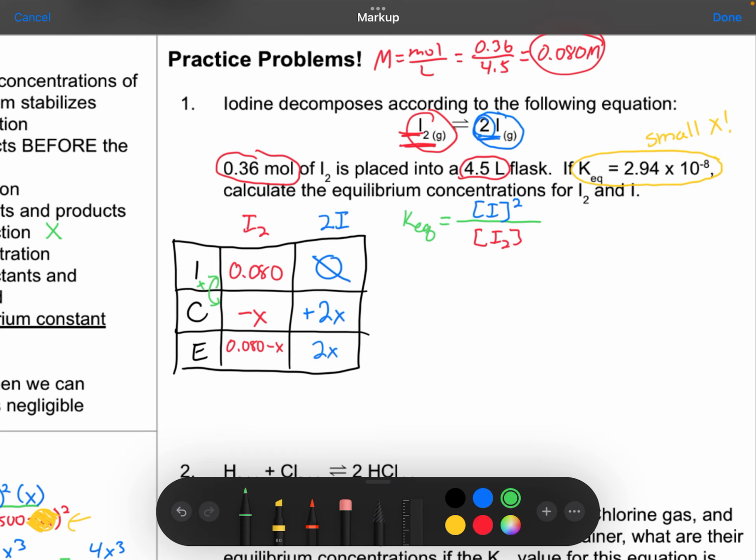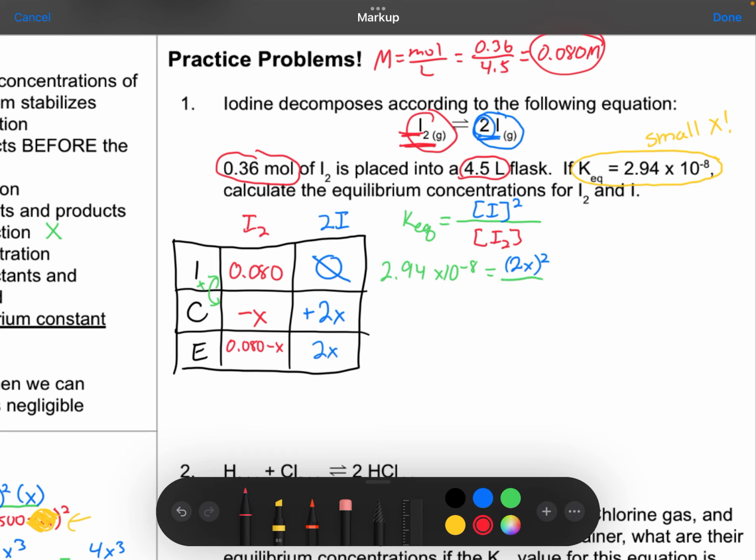My KEQ value, I am told already, is 2.94 times 10 to the negative 8th. And that is going to be set equal to my equilibrium concentration for my product. So that's going to be my 2x. And again, I'm going to square that because I did in the equilibrium constant expression.